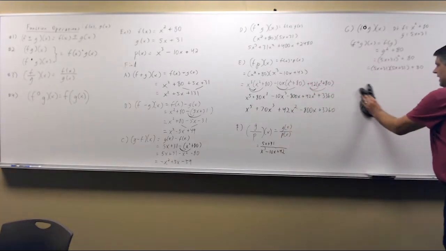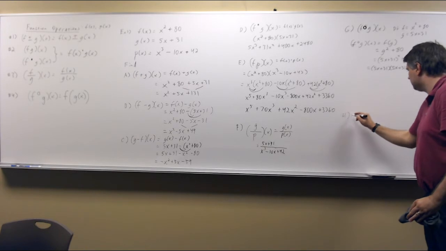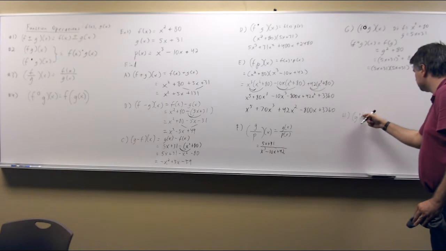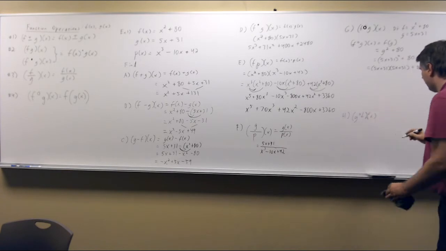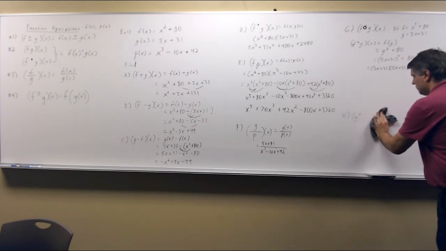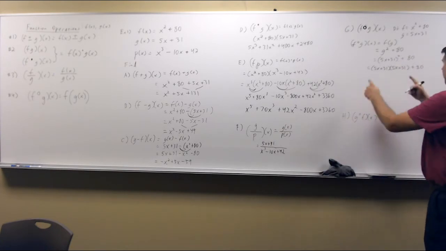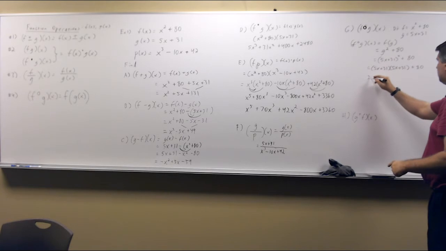H will again need to be moved. So, 25x squared.